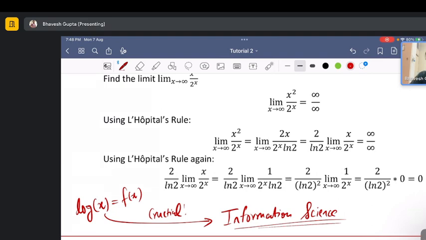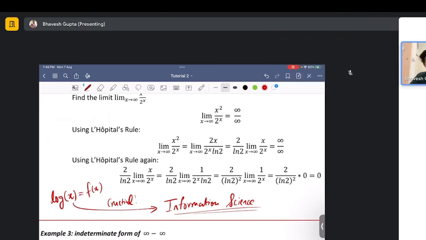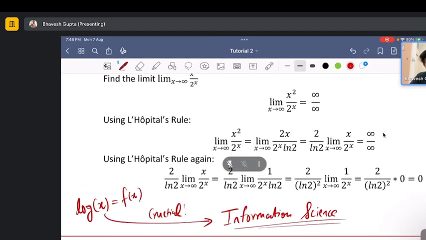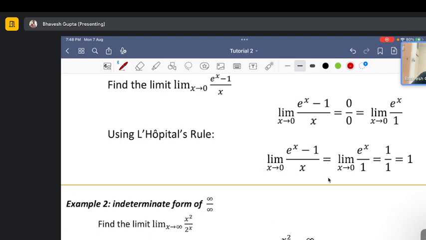Actually, I received a question. Why are we not concerned about the differentiability of f or g in the L'Hopital rule? See, the thing is that it's not that we are not concerned. We are definitely concerned, but you will not face such kind of situation in your problem sheet.